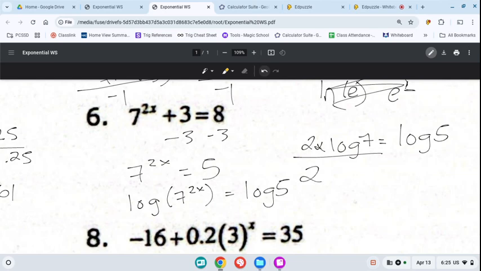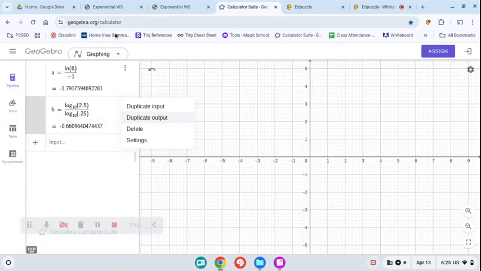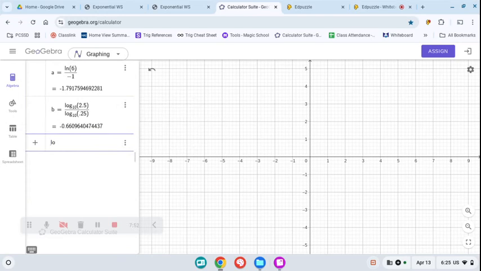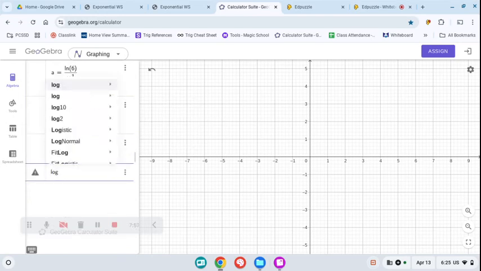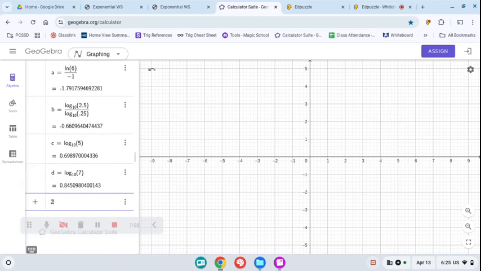So I'm going to divide this by 2 times the log of 7. So I now have the log of 5 divided by 2 times the log of 7. So let's go here: the log of 5, the log of 7, and we're going to go 2 times that.